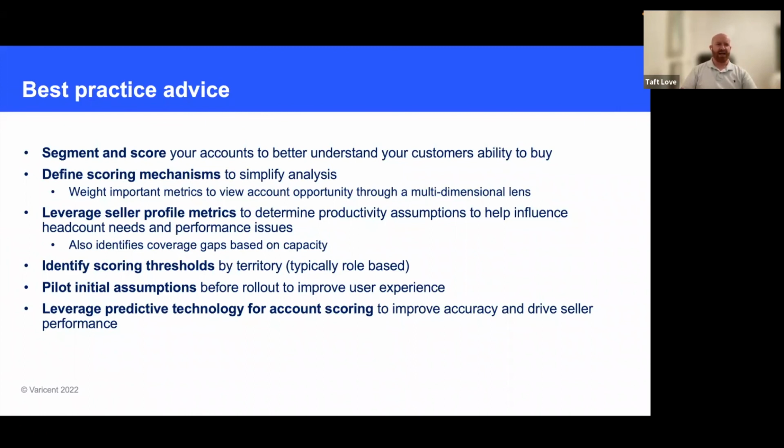And I'm guessing because there are so many tech companies here, there are probably a lot of early stage companies here. Start simply. You don't have to on day one go buy an ML product to have a score that will work for you. But always keep your eye toward when we have enough data that we need some help interpreting it.